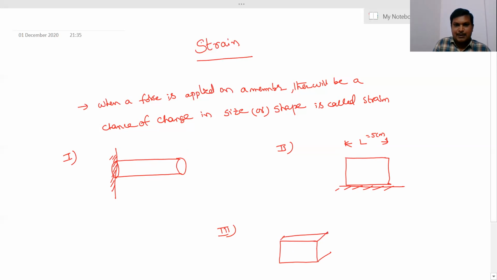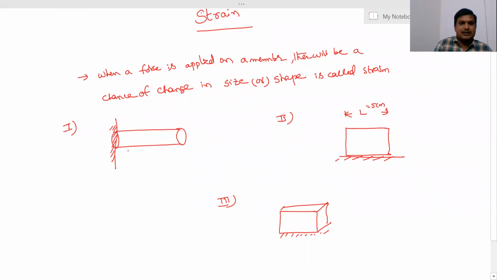I'm drawing a three-dimensional diagram. This is the axis of this member. When I apply an axial load P, along the axis, that is called a normal load. Is it clear? So what happens when you apply the load?